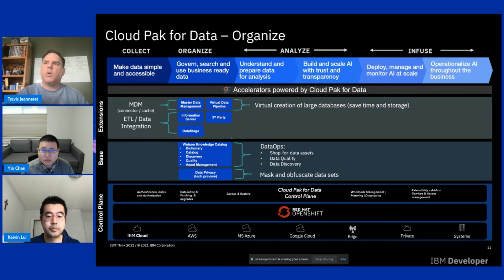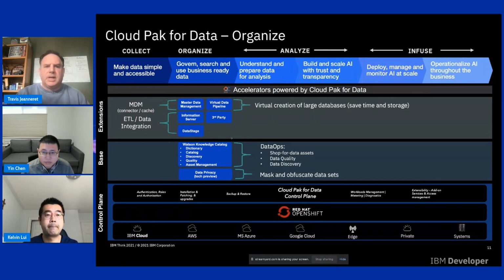Under the organize piece, right, we have a lot of pieces in there surrounding how do you understand your data, how do you capture and document your data, and the metadata associated with that, right? So from a DataOps perspective, or Watson Knowledge Catalog pieces there, which allows you to do the shop for data and the data discovery and the data quality pieces that are really important when you want to democratize and be a data-driven organization.